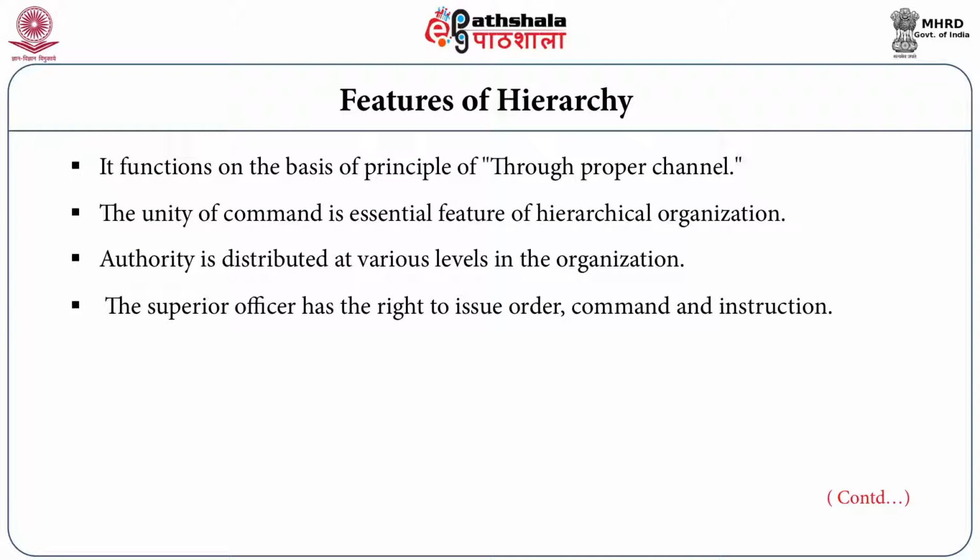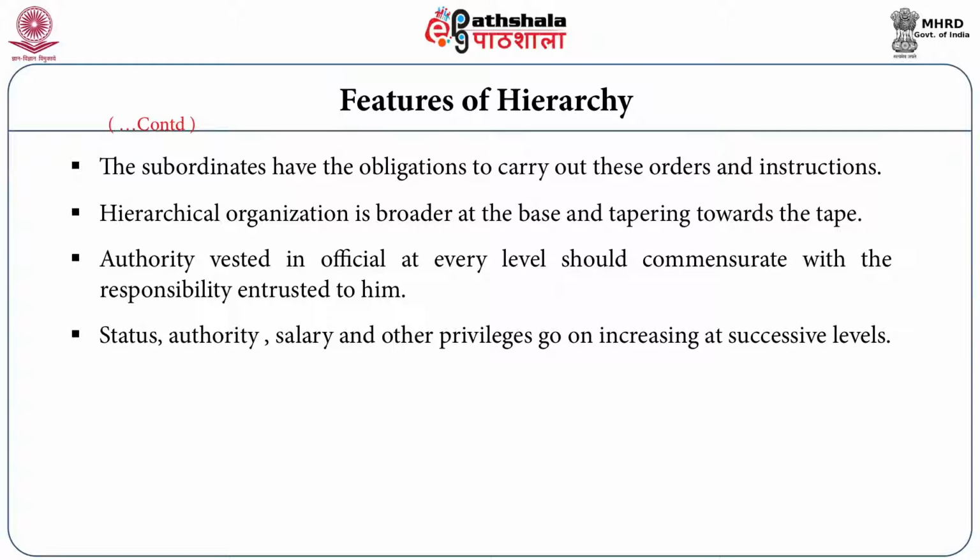And the second feature is that there is unity of command in the hierarchical organization. That means a subordinate is accountable to a single superior. There is no breaking of this hierarchy in public organizations. At each level, the authority is divided and the authority is commensurate with the responsibility.